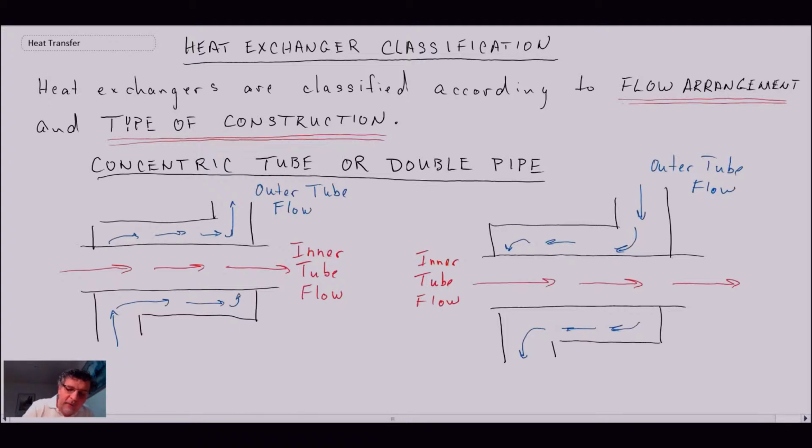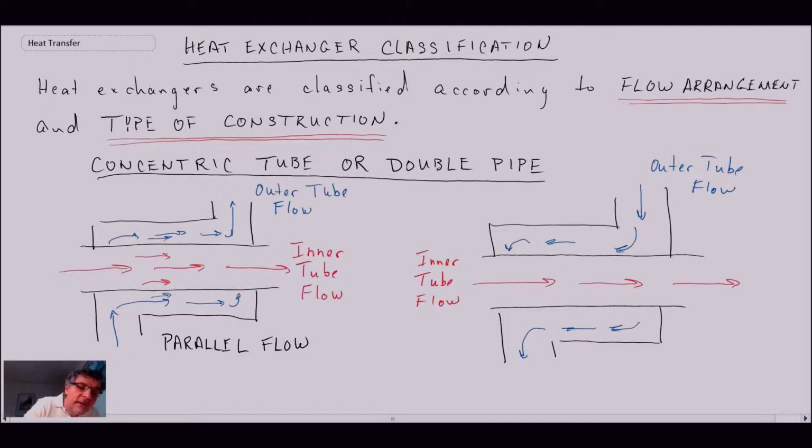We would refer to the one on the left as the parallel flow configuration or arrangement. And that is because you can see the two fluid streams are going in the same direction. And that is why we call it parallel flow.